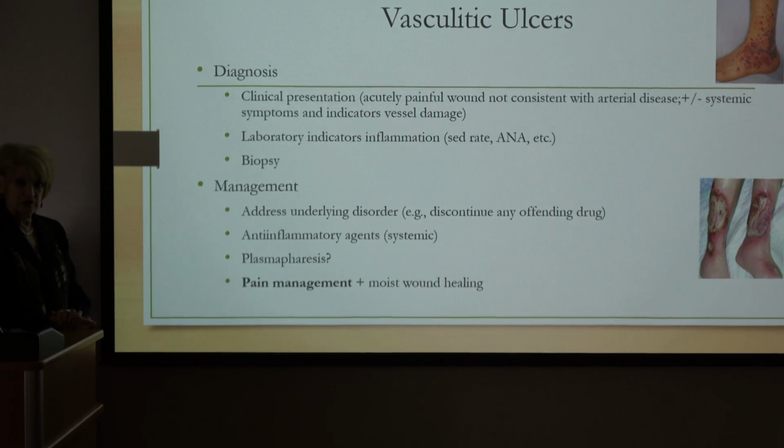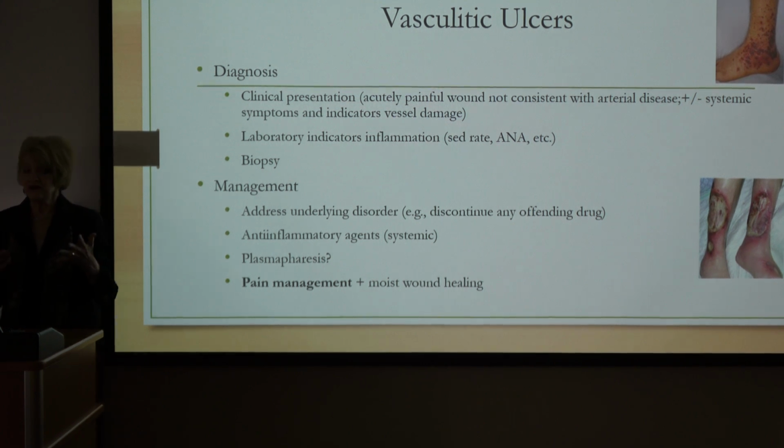What about management? Now, our role is to provide topical therapy. The reason we need dermatology or vascular on board is so that they can help us determine the underlying pathology and treat that. If it's an autoimmune condition, they're going to treat typically with systemic anti-inflammatory agents.